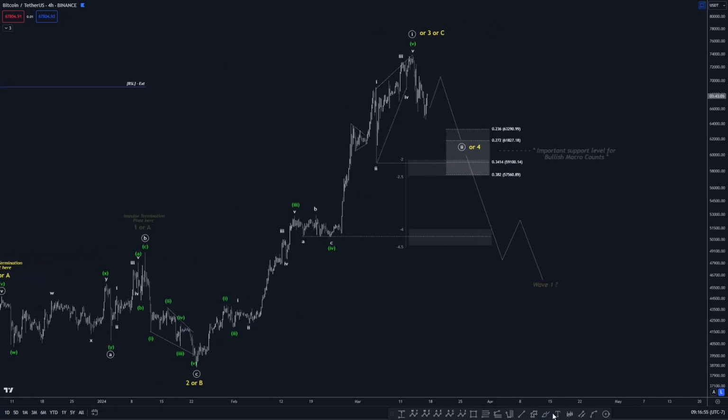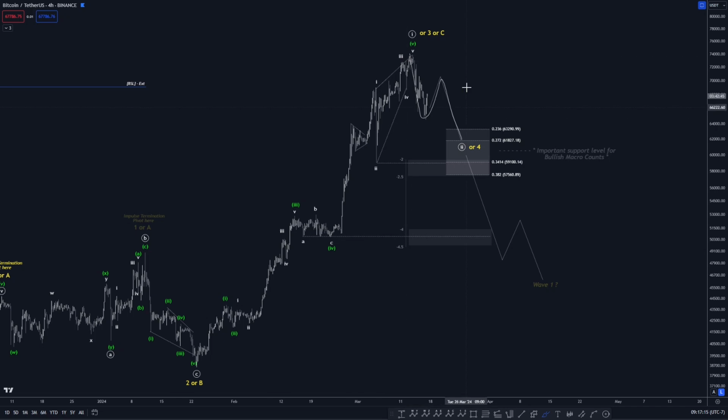Now it's really about monitoring the pullback here. Once again, we have impulses ending right here. After an impulse, we're going to expect a correction. Either it's going to be an A, B, C to these targets that we've been talking about, or the second target.